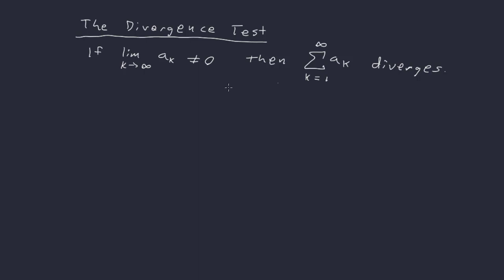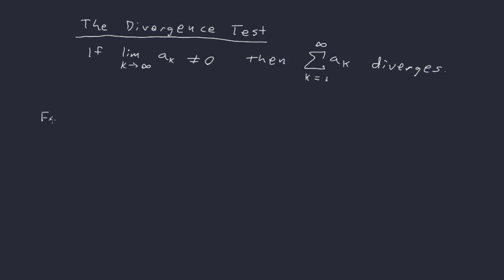At the very least, all the terms need to go to 0. If they don't, don't even bother looking at the series because it won't converge. This isn't a sufficient condition, we need a little more, but if we don't satisfy it, then there's nothing left to look at.